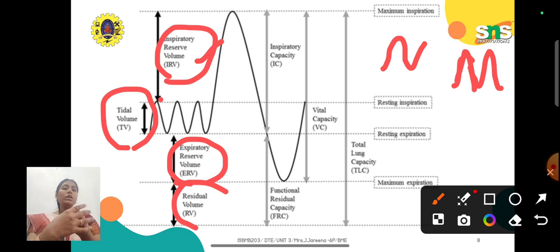So if there is no residual volume, the lungs will collapse. They will stick to each other, and we also have bones inside, called the rib cage. The lungs will collapse against the ribs. Then there is a higher chance for the elastic coil of the lungs to get ruptured.